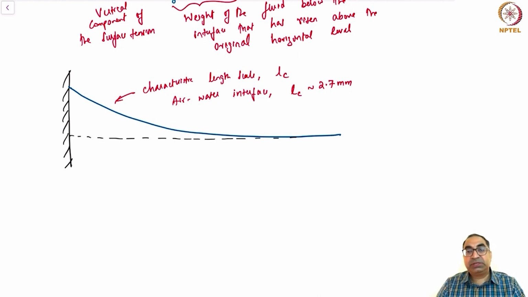So what we will do in the next lecture is to revisit this problem, but instead of a force balance approach, there's a far more elegant and very powerful technique which involves minimization of the energy. So there are two energies in this problem, the surface energy and the gravitational potential energy.